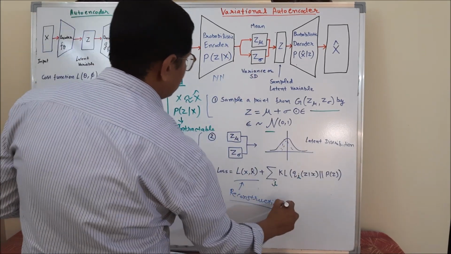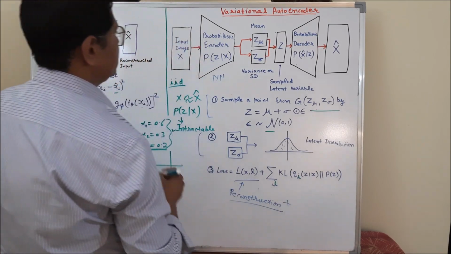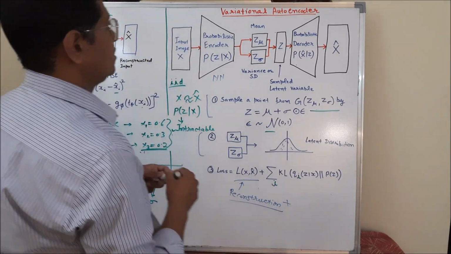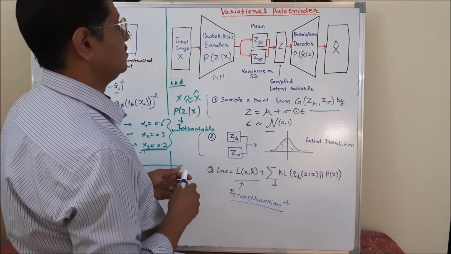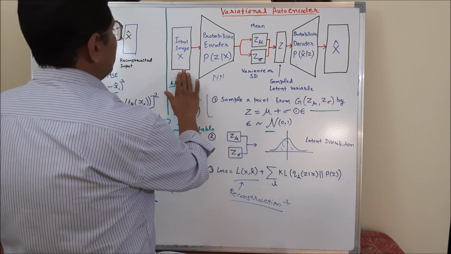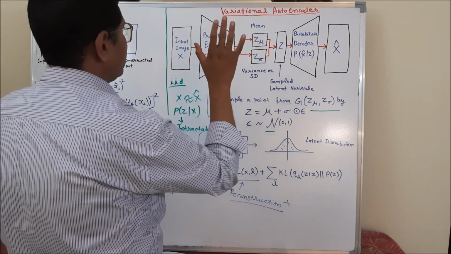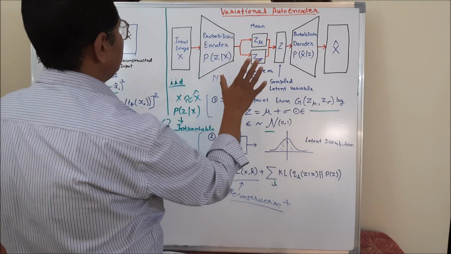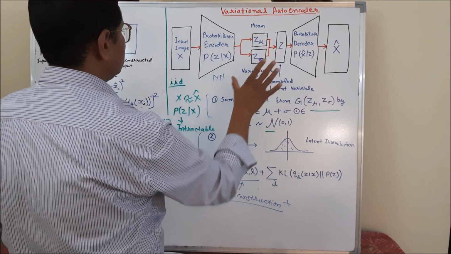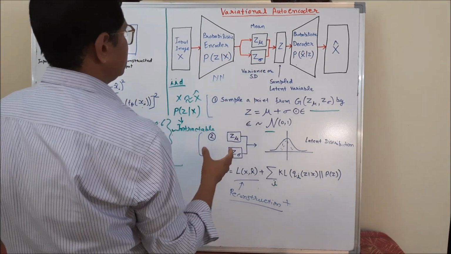So the entire loss is a combination of reconstruction loss plus KL divergence loss. In a later part of this tutorial, I will try to explain how the variational inference part actually works, and we will try to derive the equations for the variational inference part, which is very important and responsible for the whole generative process.